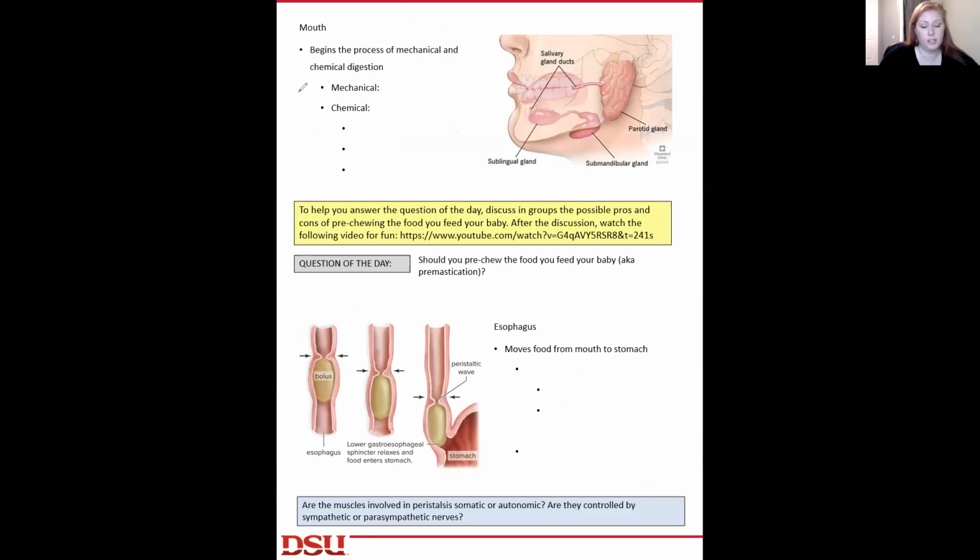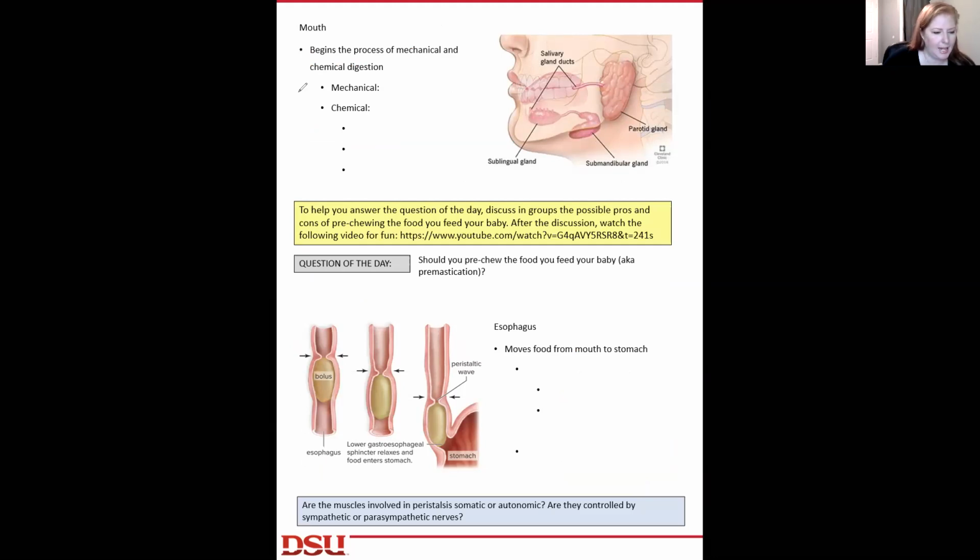So let's start with the digestive system by looking at the mouth, okay? This is where the mechanical and chemical digestion both start. So again, the mechanical components involve the tongue and teeth.